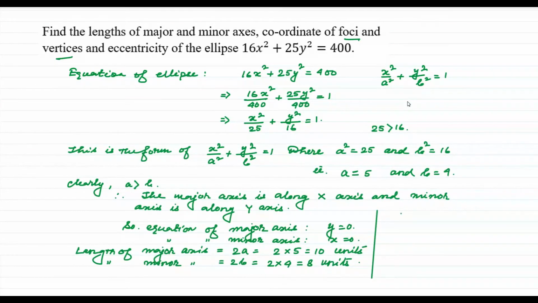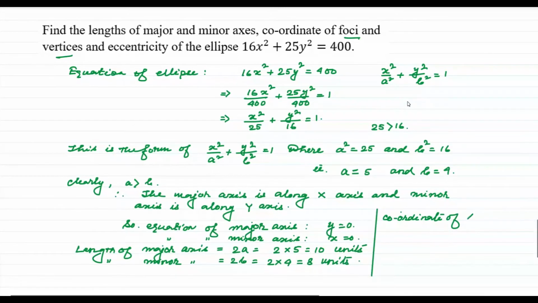So the coordinate of foci are, we know, plus minus ae comma 0, better to say. So we need to find out the eccentricity first.